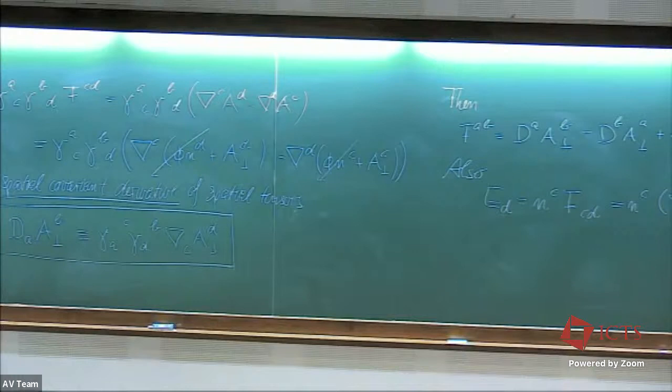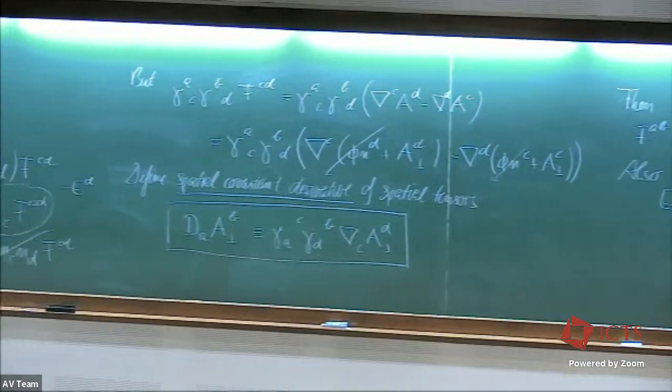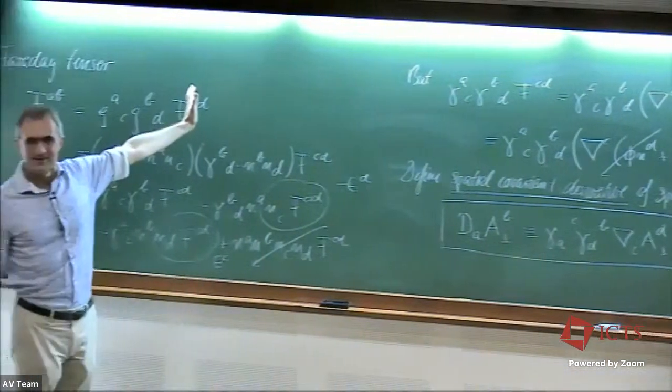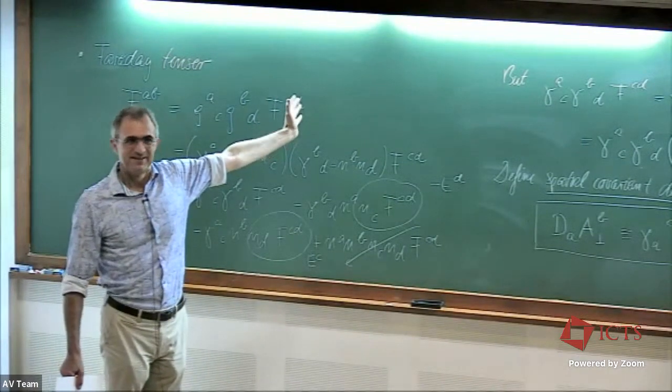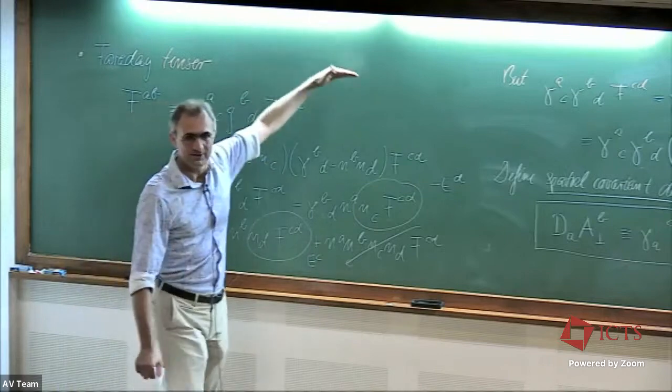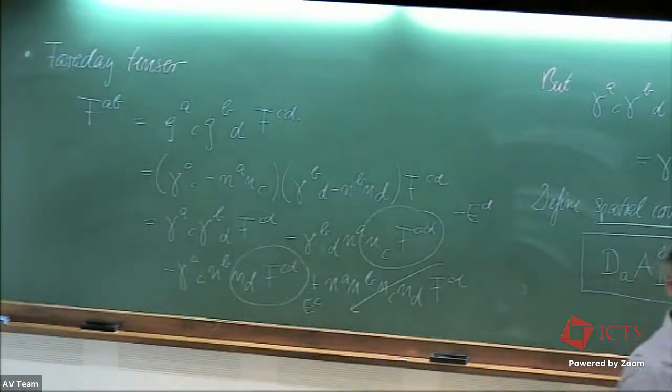Actually, let me just pause a second here. You could ask, why am I doing all of this? Isn't this supposed to be a course on general relativity? So why is it that we're talking about E&M here and not general relativity? Fair question. But the neat thing is, as we're going through this, we're developing all the mathematical objects that we need for GR already in the context of E&M. We did this already yesterday, right? You notice the lapse function, the shift vector, the extrinsic curvature, they popped out in E&M.